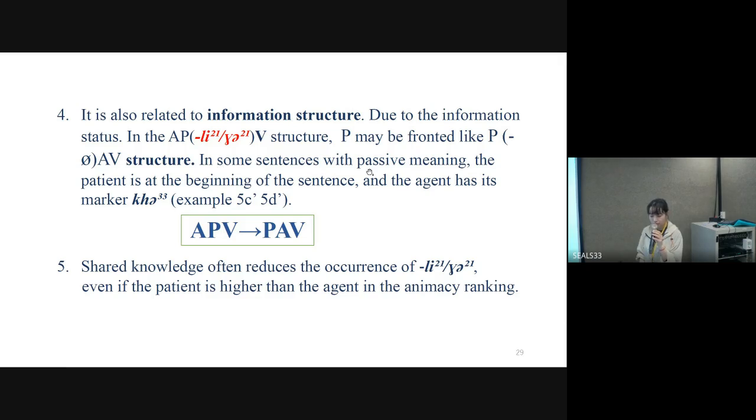In some sentences, like passive meaning, the patient is at the beginning of the sentence, and the agent has another marker, so patient, agent, and verb. And the shared knowledge often reduces the occurrence of leading words even if the patient is higher than the agent in the animacy hierarchy.